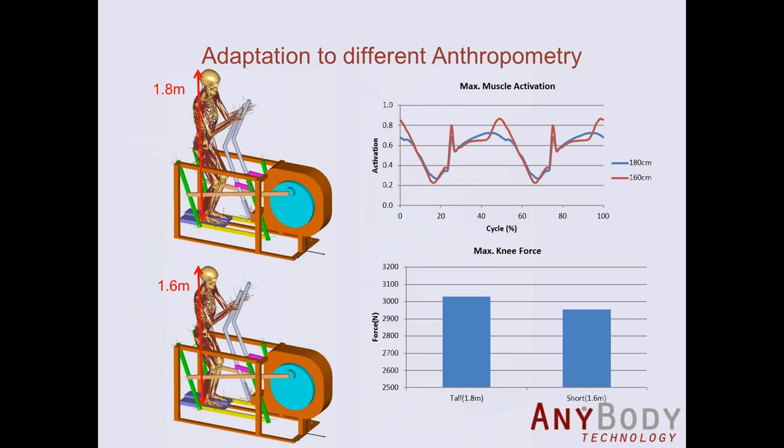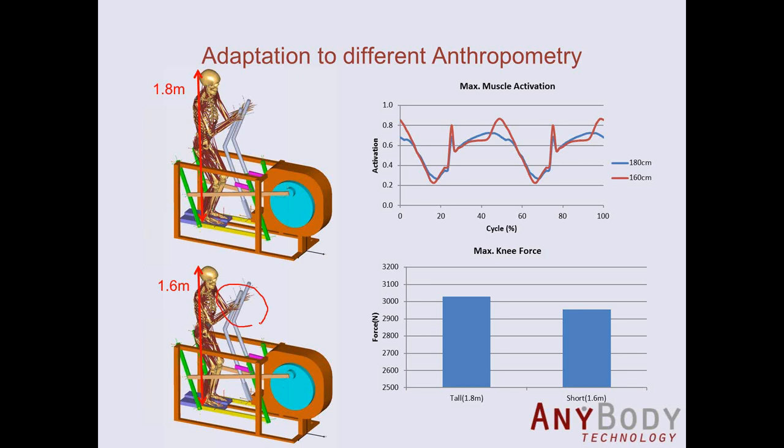To compare the results from these two different anthropometry sizes, we assume that the rotational speed of the main wheel is the same in both cases. But smaller people may have a different grab position on the handles compared to taller people like this, so the kinematic conditions for the human may be slightly changed.